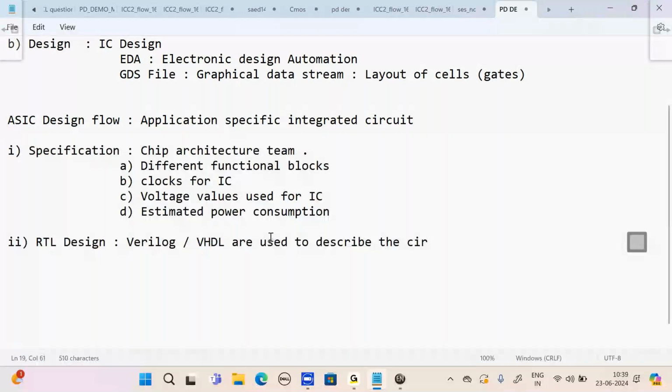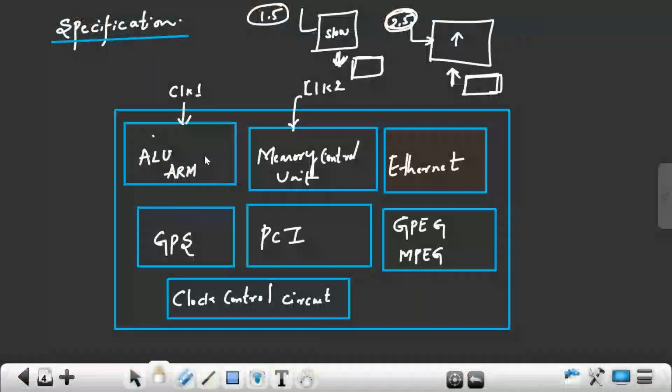So why Verilog or VHDL? Why are we using Verilog or VHDL to describe the circuit? For example, I am talking about the ALU unit, right? Arithmetic logic unit. So why should I write the program in Verilog or VHDL? Why can I not directly write the gate level structure?